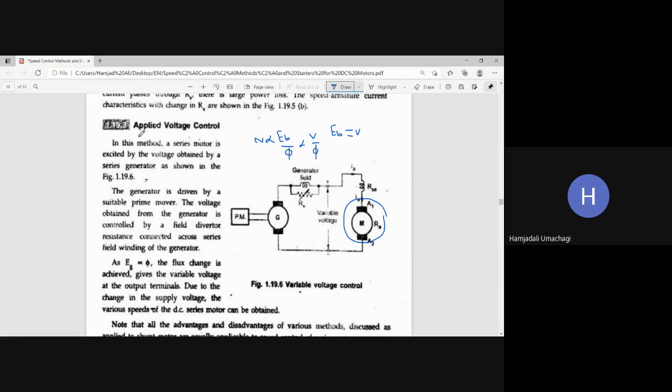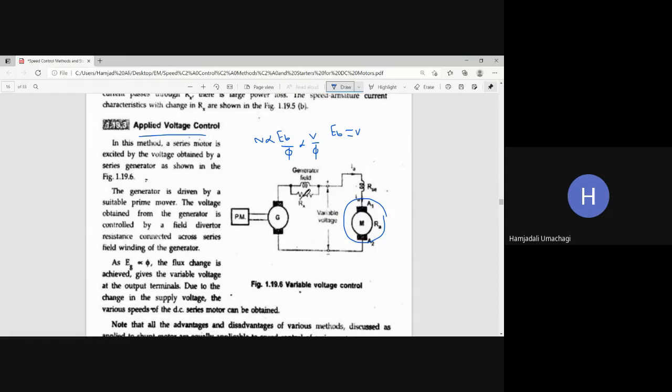But here the title is the applied voltage control method. So if I change the voltage, then proportionally I am going to change the speed of the motor. Now in order to change the voltage, the input to this motor is electrical, and we are getting it from the generator, whose field winding is connected in parallel with the rheostat.